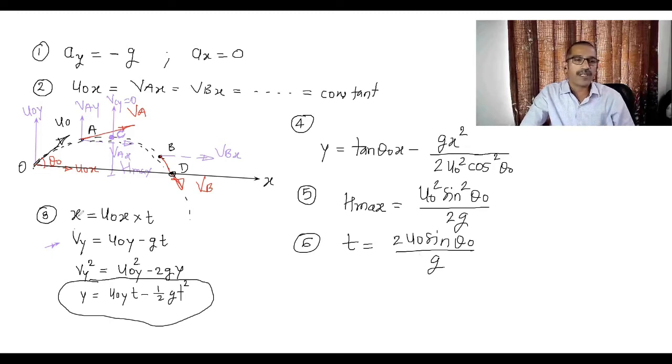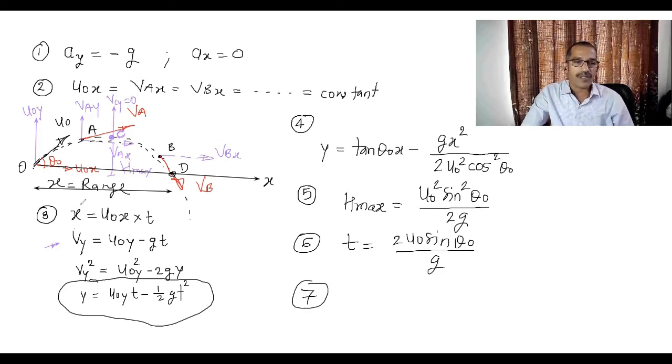Simple. Next, the total horizontal distance traveled by a projectile during motion, this x distance, is called the range. To find this range, you now know the total time required to reach the final position, given by this time.